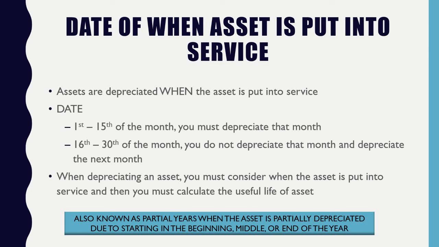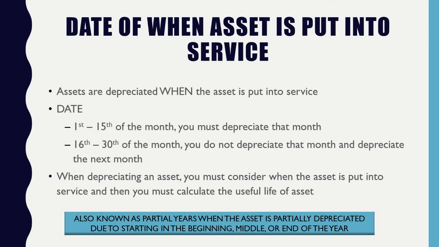I'm not going to depreciate right from January all the way to December and assume that's one whole year. No, that's not how this works. There are a few rules and concepts here too, when you actually depreciate it. So, the actual date. If it falls anywhere between the first 15 days, so the 1st all the way to the 15th, you're going to need to depreciate that month because more than half of the month has already been used.